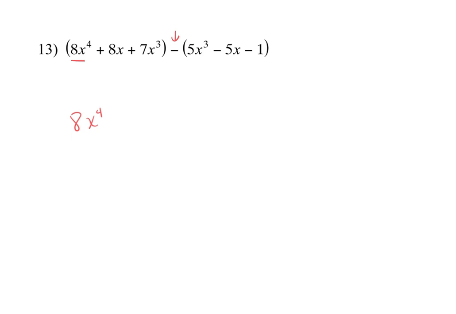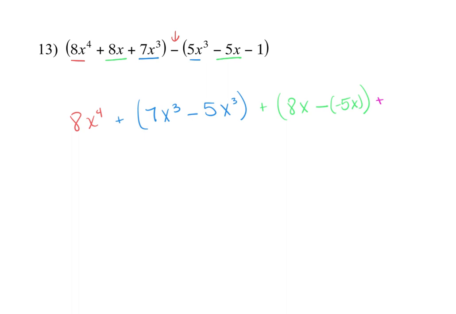So then I'm going to move on to my cubed. 7x cubed minus 5x cubed. All right? Then I am going to move to my x's. I have 8x minus a negative 5x. All right. And then I am going to move to my constants.